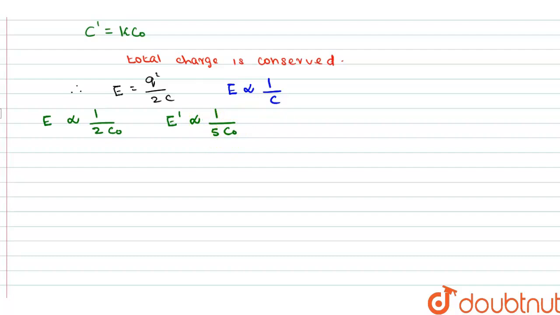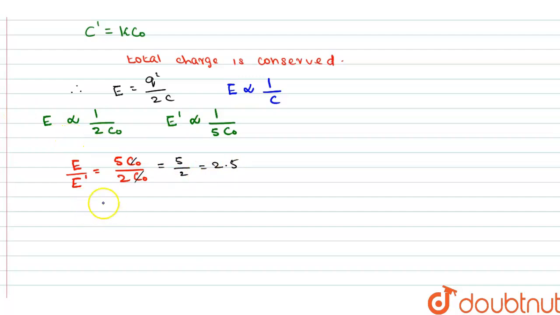Therefore, we need to find the ratio of this. We get E by E dash is equal to 5 times C0 by 2 times C0. Now cancel this C0. So we are left with 5 by 2, which is equal to 2.5.